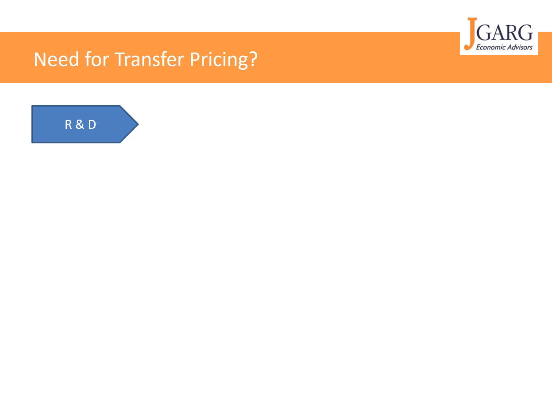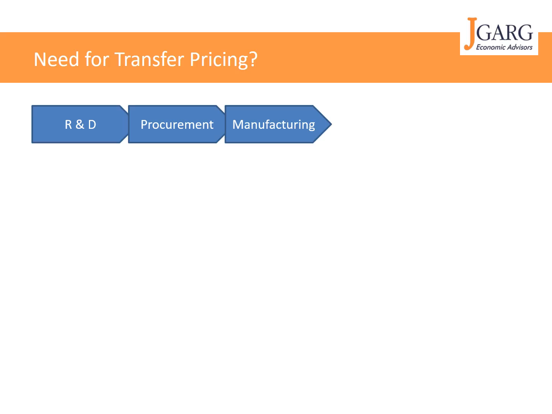This is a simple value chain which has, let's say, a research and development function, procurement function, manufacturing function, distribution function, and sales. So there's a simple organization which is involved in doing these five functions: R&D, procurement, manufacturing, distribution, and sales.